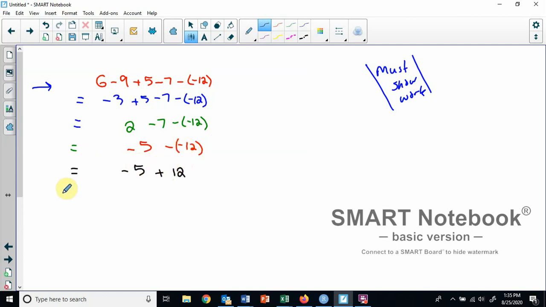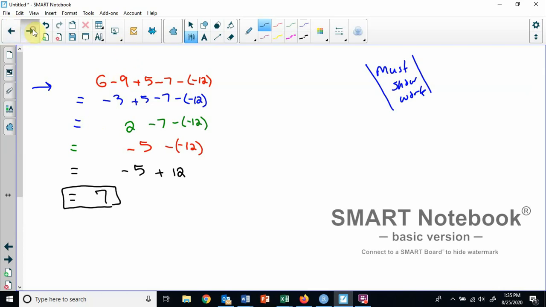This is just negative 5 plus 12, which is just positive 7. All right. So there's how you will show your work. I will need to see this to get full credit. You could skip the step right here in black, but you need to have the red, the blue, and the green, the other red, and the final answer. Okay, you could type this all on your calculator, and it should give you 7.